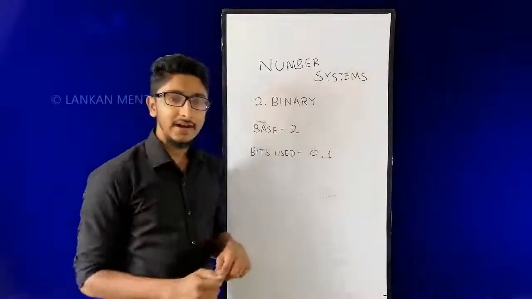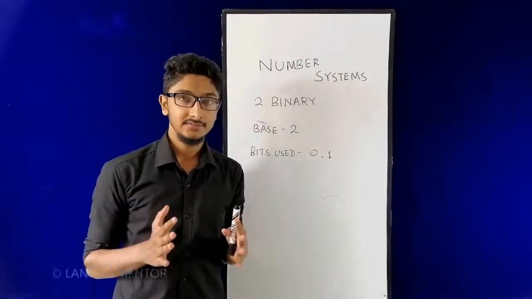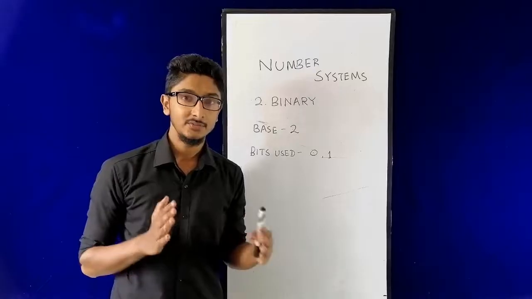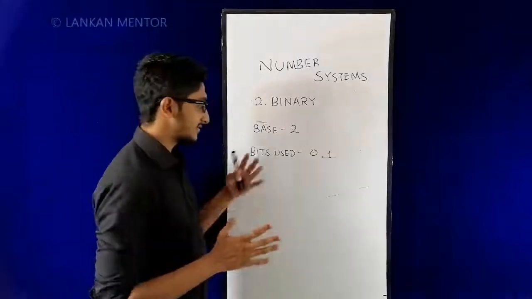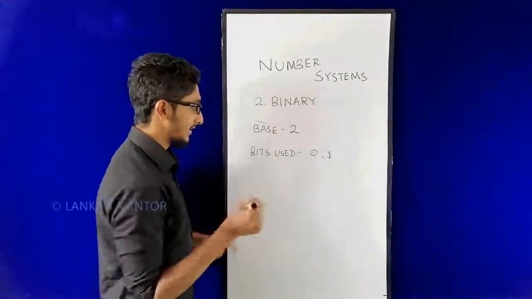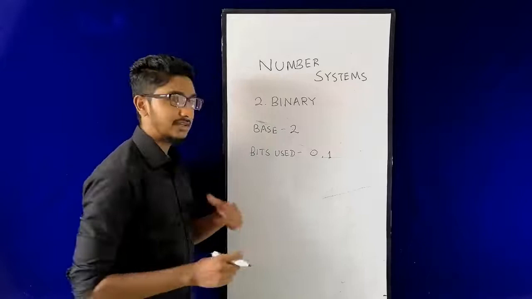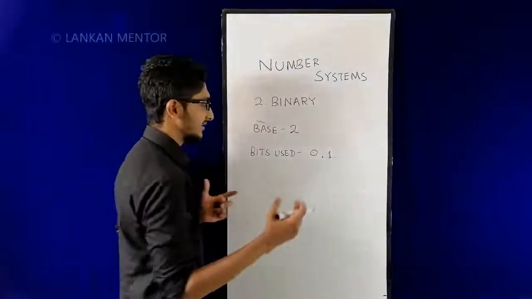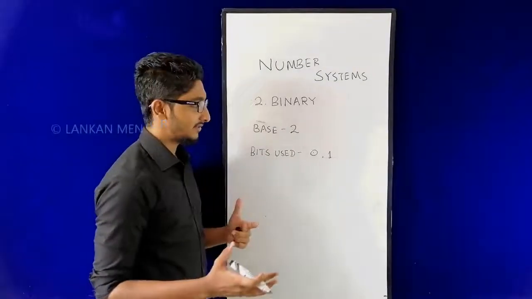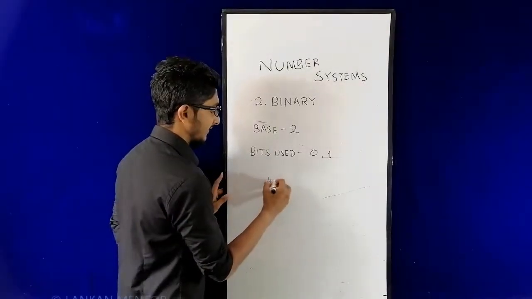Now with binary, there are a lot of conversions you have to learn. Now we'll start with decimals, right? Earlier we discussed some decimal values. Now I'll just write a random decimal number, 45.